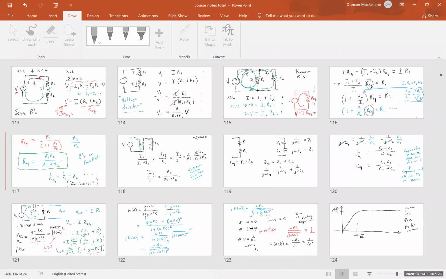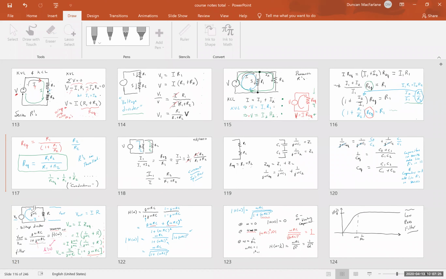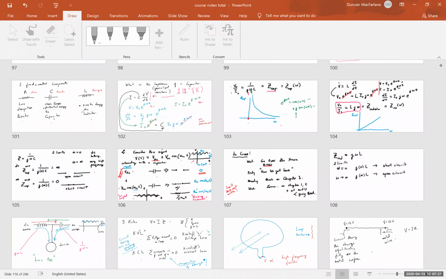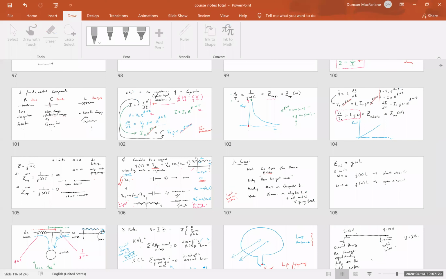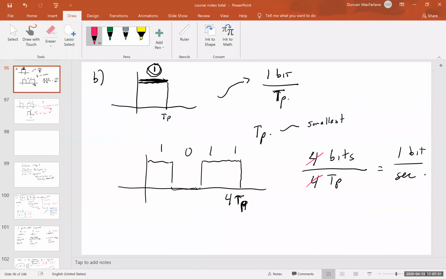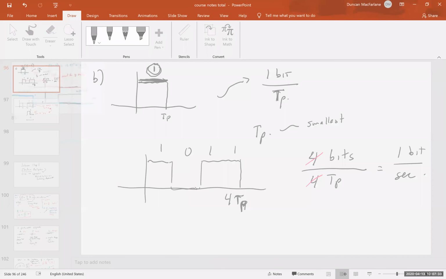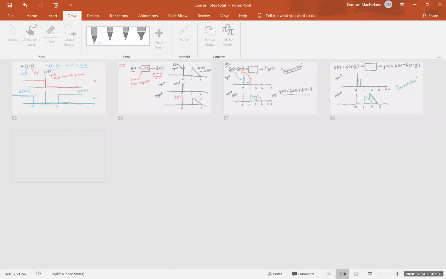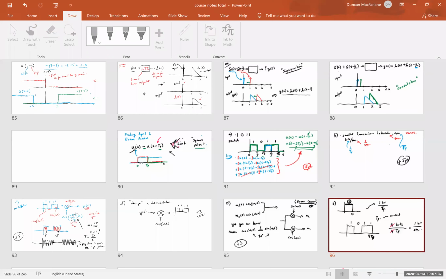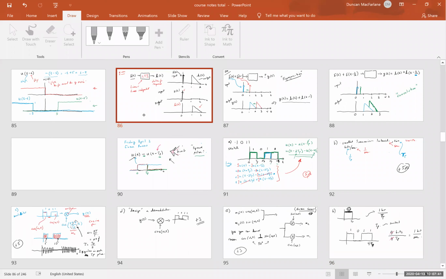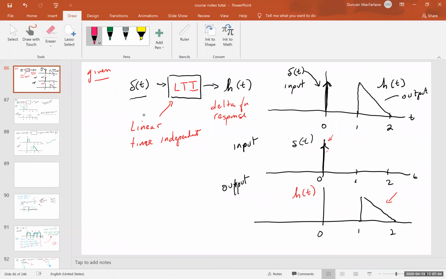Let's see if I can find that. Let's see if I can, oh, darn it. Here we go. It was this problem. I think this was a homework problem.